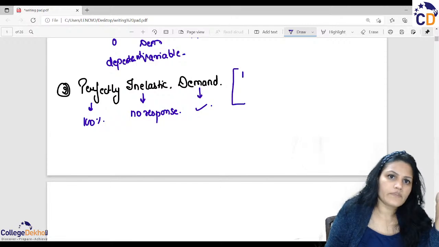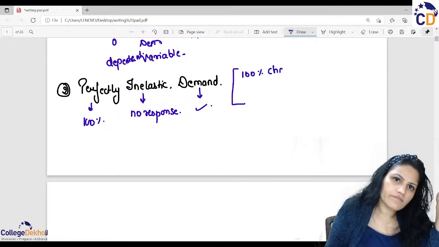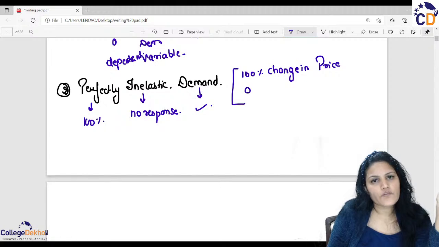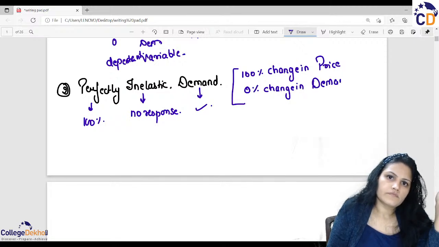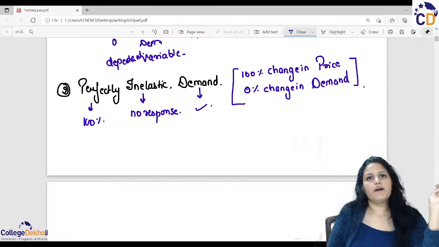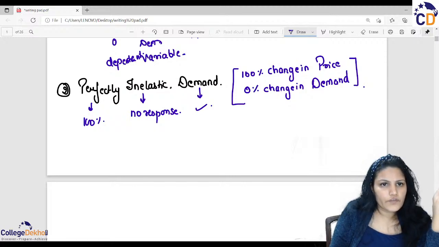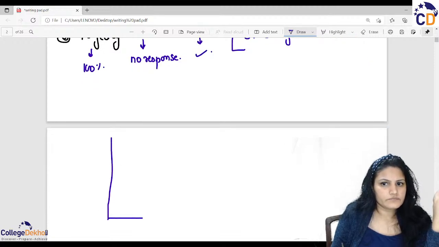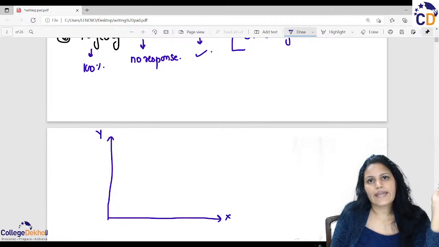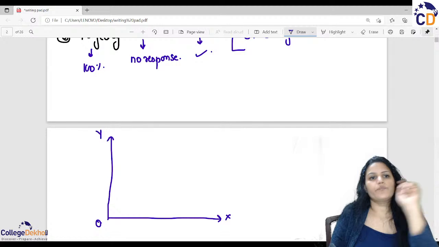So here, a 100% change in price affects 0% change in demand. If we draw its diagram, here is the same y-axis, here is the x-axis, and here is 0.